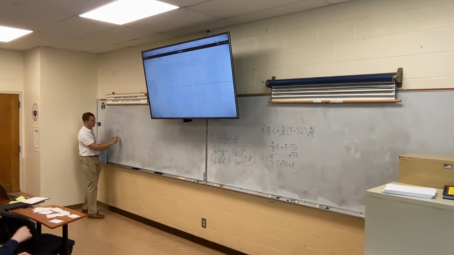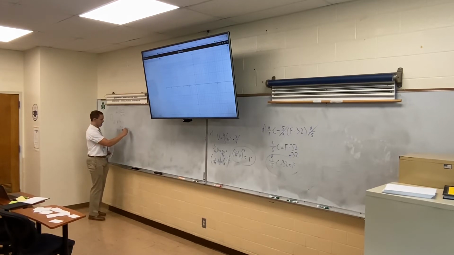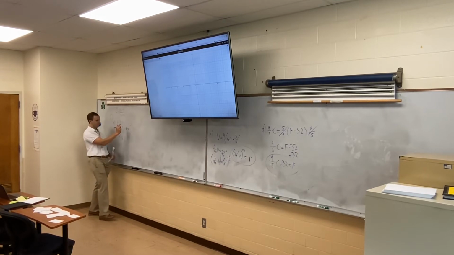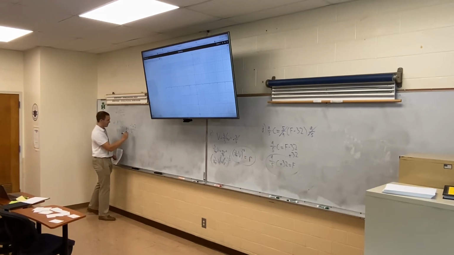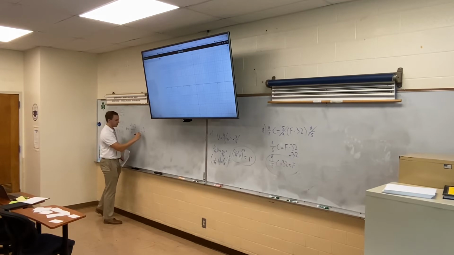I chose this as point 1, so this is x1, that's y1, this is x2, that's y2. So m equals y2, -1, minus y1, 2, all over x2, which is 7, minus x1, which is 3. -1 minus 2 is -3, and 7 minus 3 is 4. This fraction is simplified all the way, so my answer is -3/4.